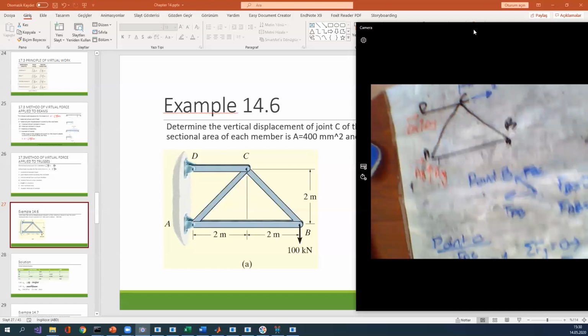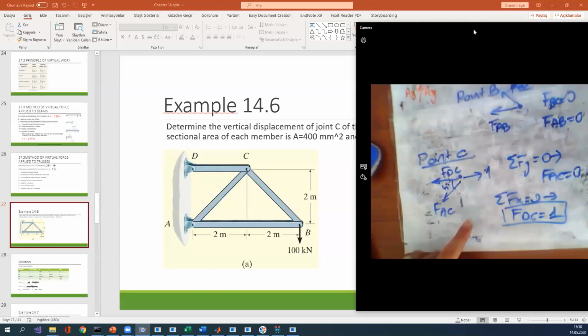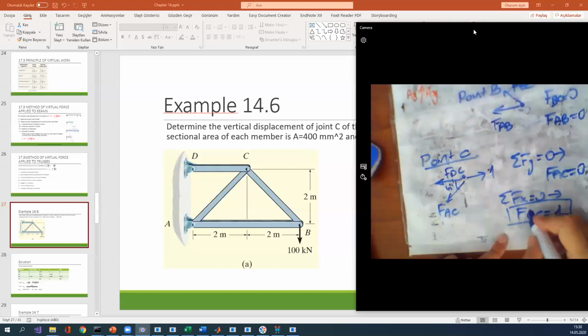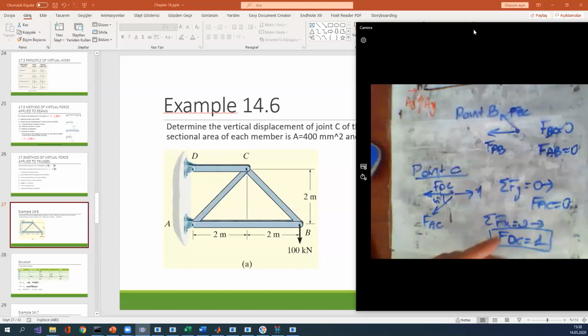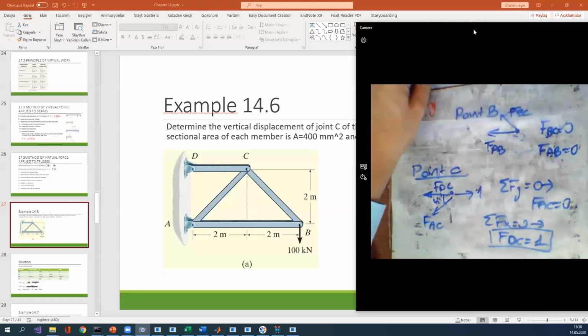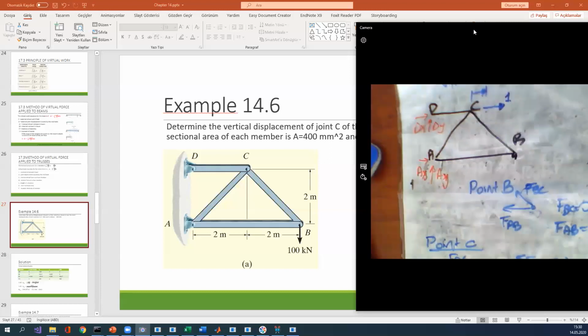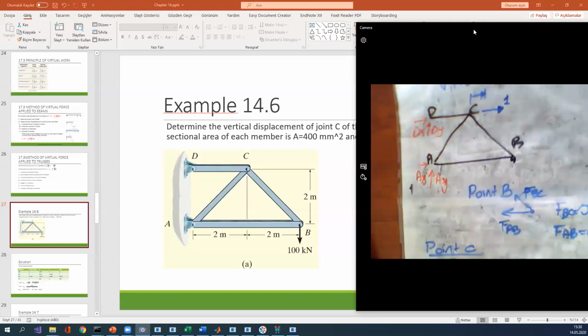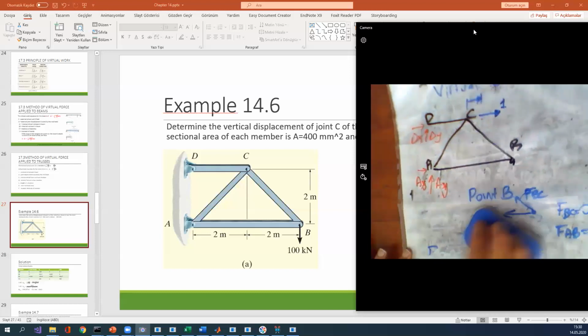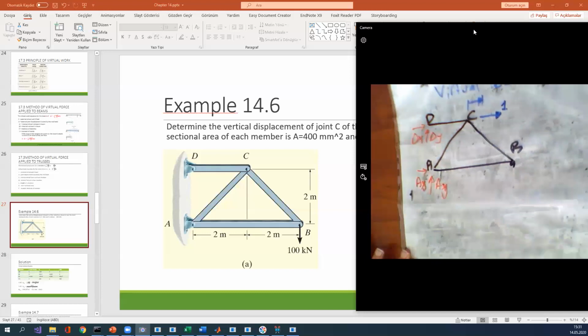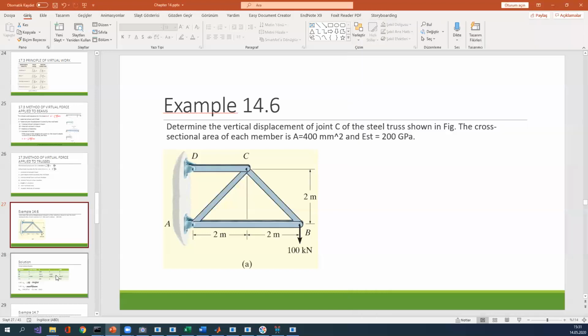Sorry, you know, Fx is equal to 0. Therefore, FDC, not O, this is D, DC becomes 0. So we have 4 members, and only one member takes load, which is member DC. Okay, so I also apply our table, my forces in here.